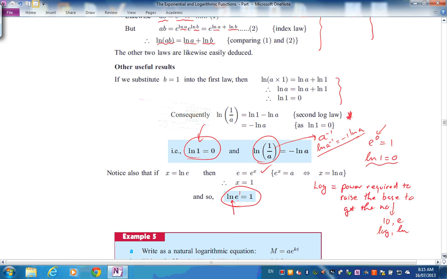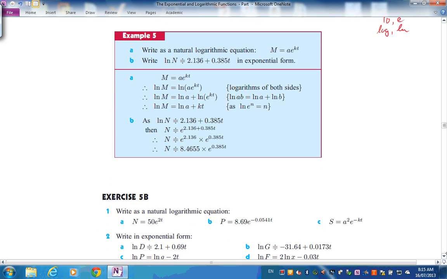Okay, come down, let's have a look at doing something. Right, as a natural log equation. So this is actually practicing now use of logs, so breaking an expression down. So the log of the left hand side is equal to the log of this product, so breaking it, log of a product, the log of the first one plus log of the second one, and because this is a power of e, what is its log?